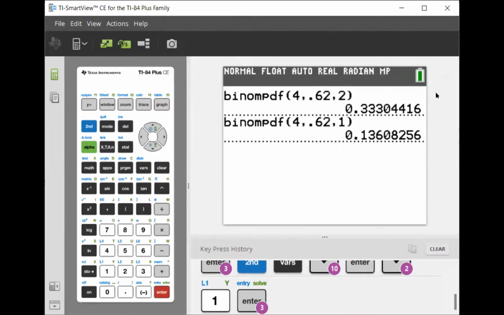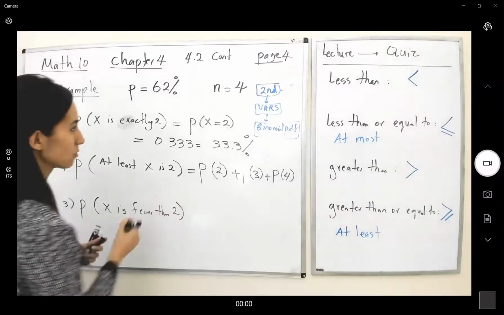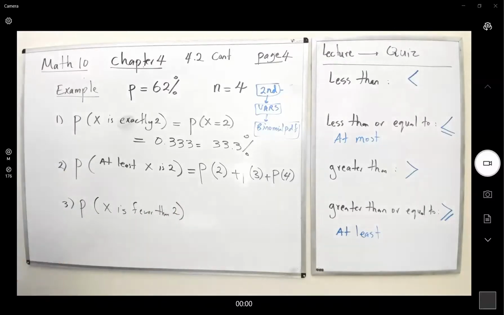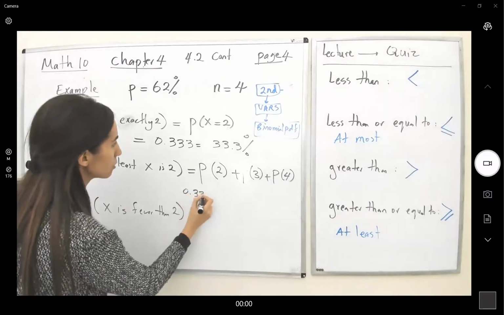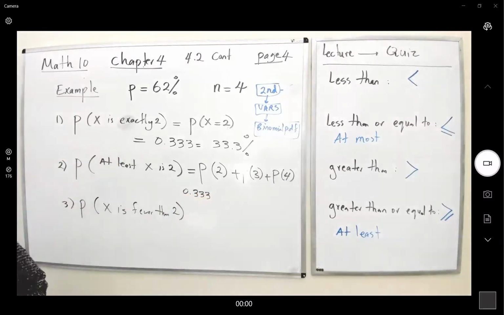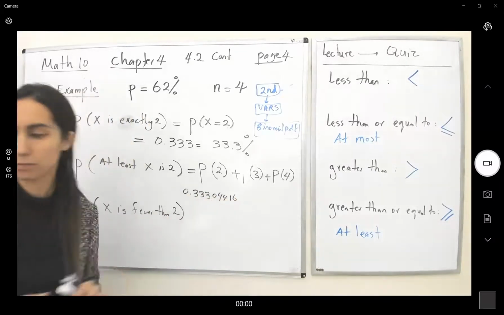We can write the rest of it to have a precise value. We don't need 1, we need 2. This is 0.3330416.